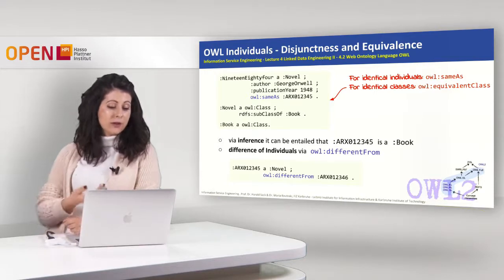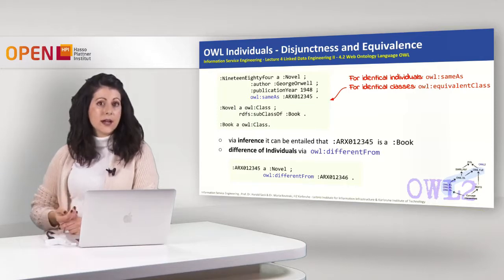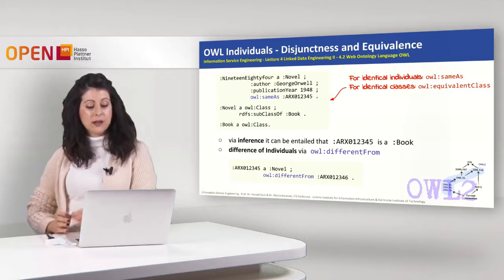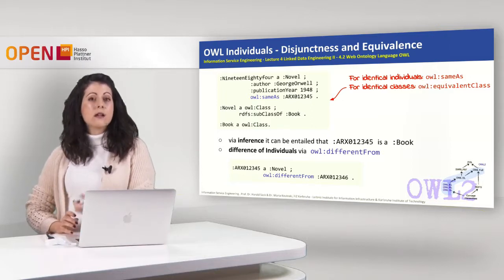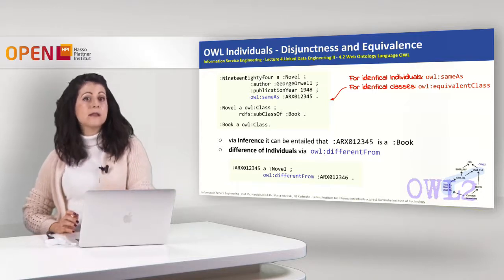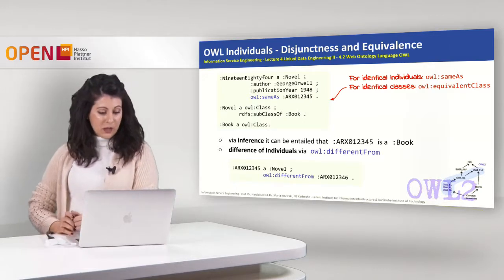And then again, we know that novel is a class and subclass of book, and book is again a class. So, of course, here by inference, we can also say that this Rx 012345 is also a book, since the equivalent instance 1984 is of type book.